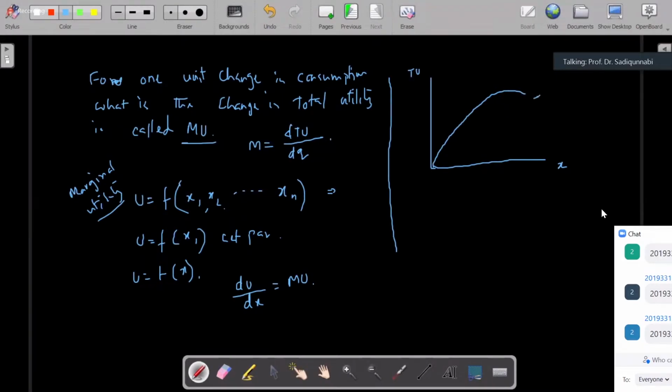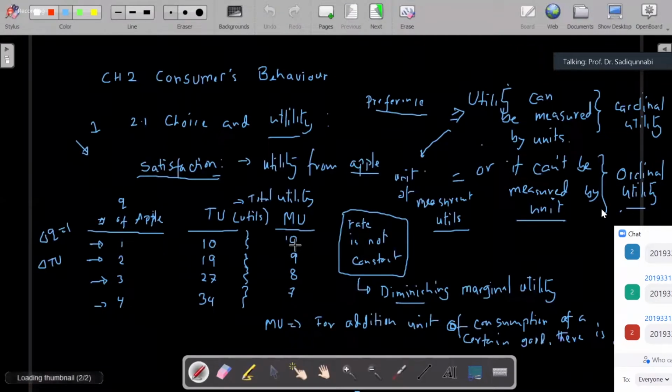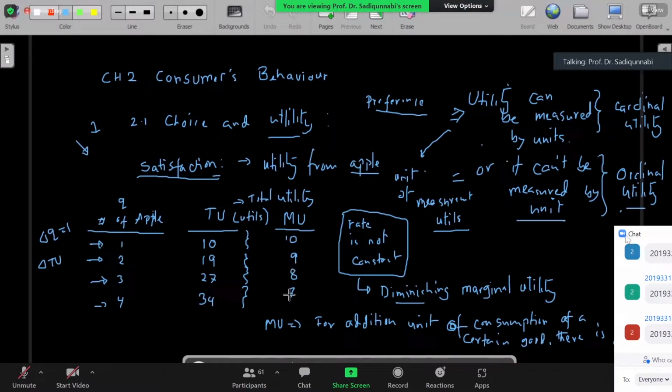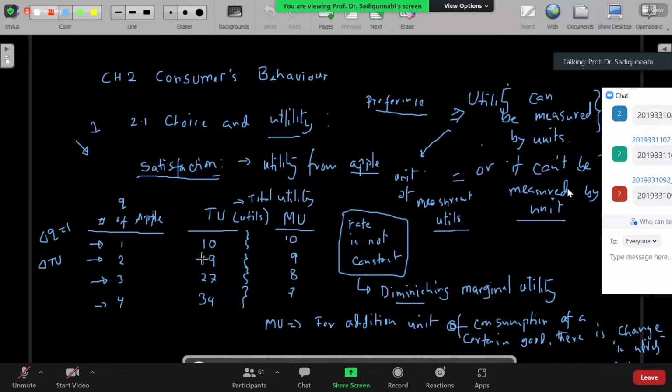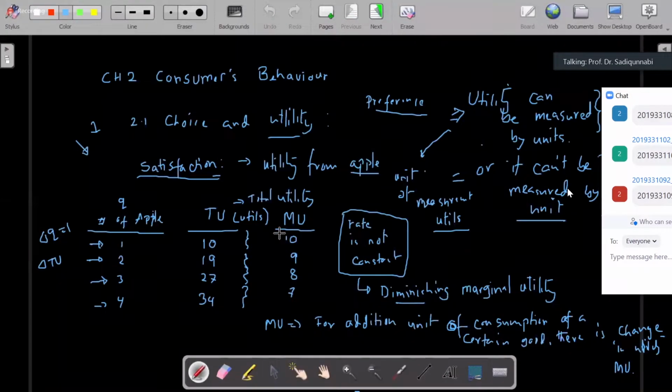You see that the curve is increasing at a decreasing rate. When the curve is concave, it is increasing at a decreasing rate, as we saw on the first page. So the rate is decreasing, but the total utility is increasing: 10, 19, 27, 34, but at a decreasing rate.